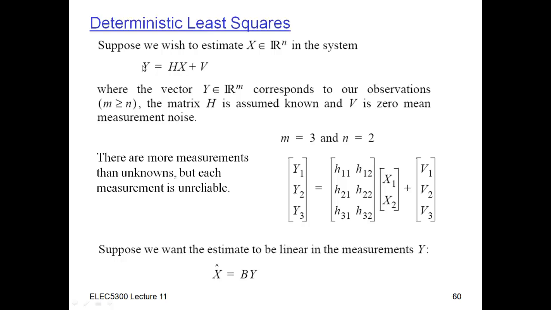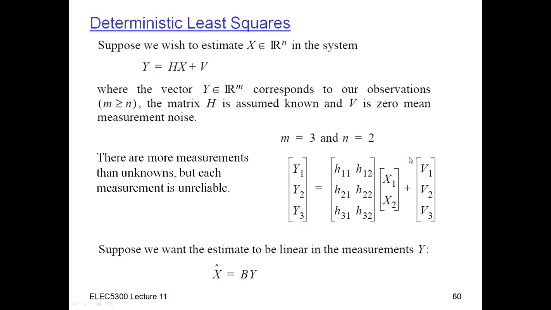On the other hand, we typically have more measurements than we have data to estimate. So here M is the number of measurements, N is the number of parameters we need to estimate, and M is bigger than N. For example, here M was 3, so I have 3 measurements. I only need to estimate 2 things, x1 and x2.